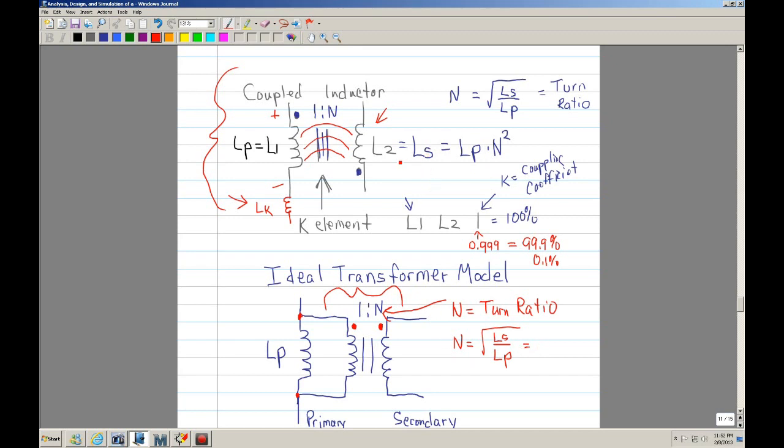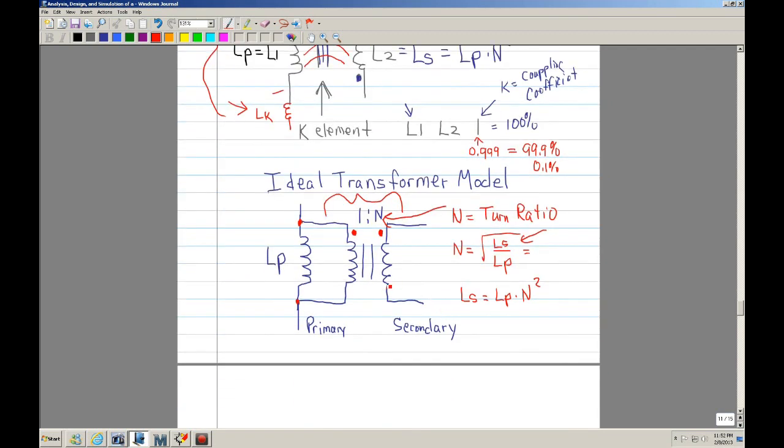And as a matter of fact, when I do my simulation, if you solve for it, you end up with L secondary is equal to LP times N squared. And that's why on my SPICE, I like to use that convention for the coupled inductor. But anyway, I digressed a little bit. Let me continue with this one.